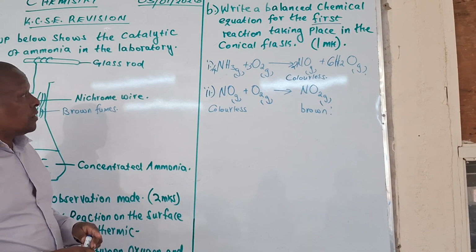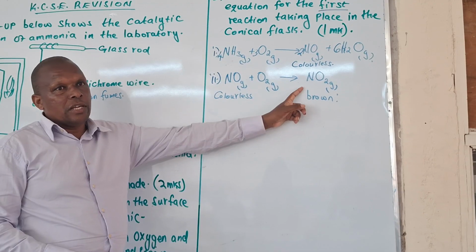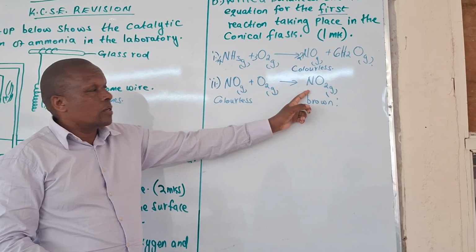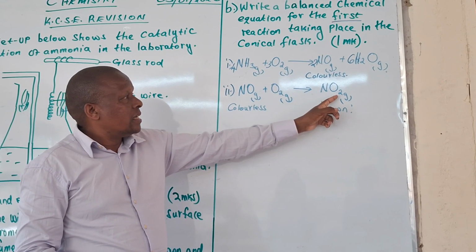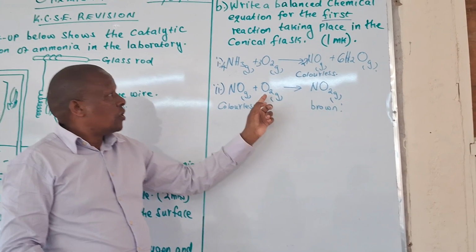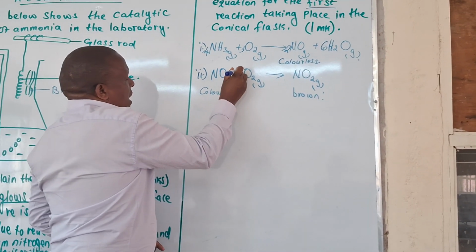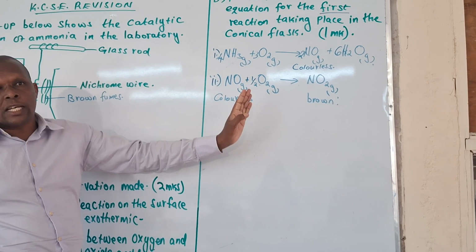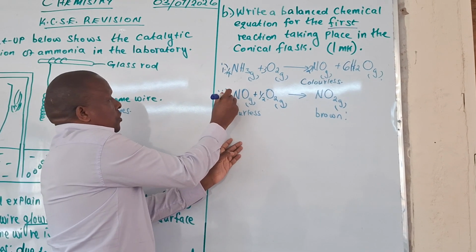So this is the equation. Nitrogen 2 oxide reacts with oxygen to give us nitrogen 4 oxide. We balance nitrogen 1, nitrogen 1. Oxygen 2 plus 1, 3. Oxygen 2. So how do we make this one 2? By multiplying here by a half. Then we remove this fraction by multiplying all sides by 2. So here we have 1 times 2, it will be 2.